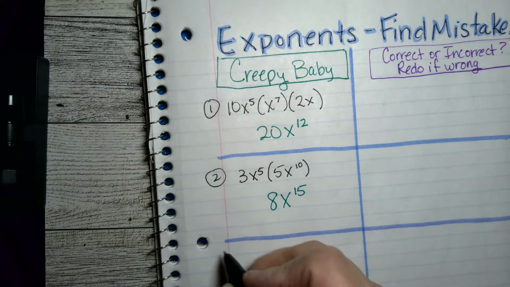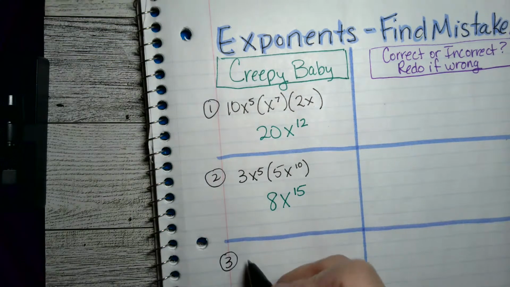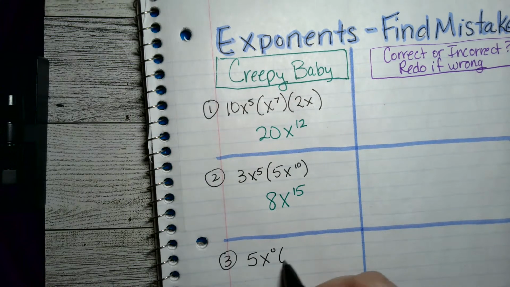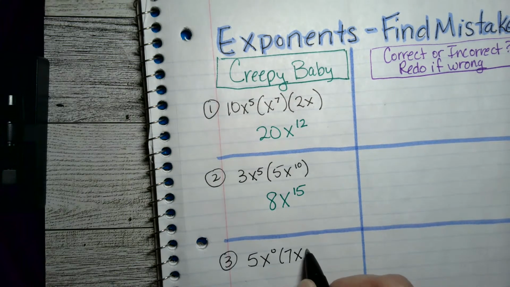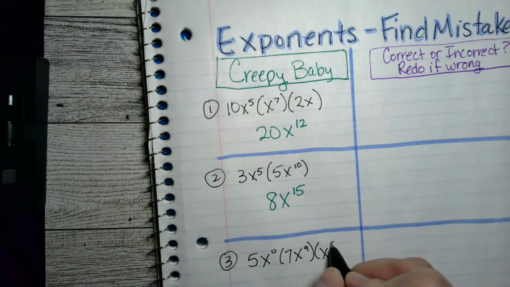Number 3. 5x to the 0 power times 7x to the 9th times x to the 8th.